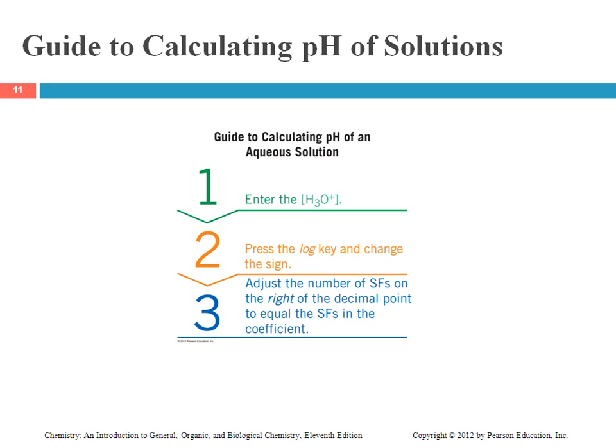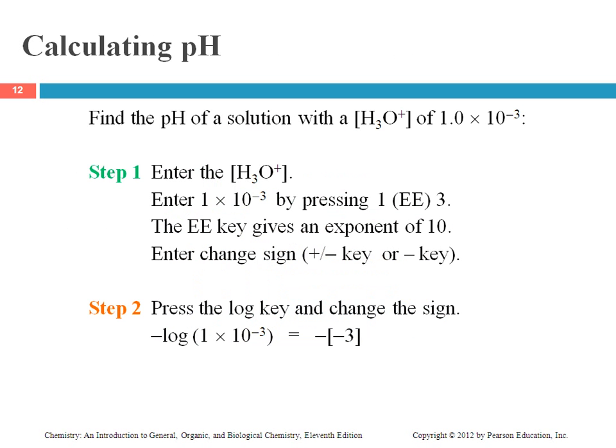This is just a guide to enter the hydronium concentration. For those of you with calculators that are not graphing calculators, you enter the concentration, then you press the log key and change the sign, and then you adjust your significant digits. This goes through and shows that.